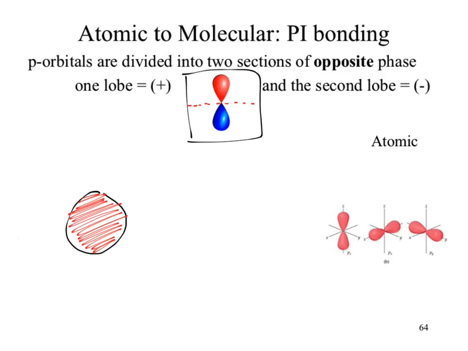Across a node, the phase changes. Because there is no node in an s orbital, there is no phase transition for an individual s orbital. It is either all positive phase or all negative phase. If we move to the p orbital because of that node, one phase will be positive, one phase will be negative. Always. Okay?